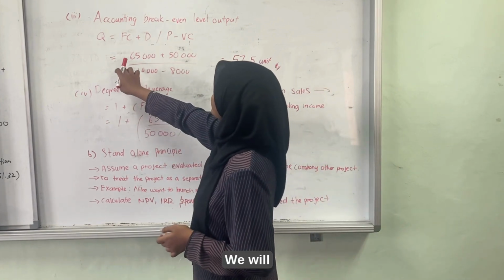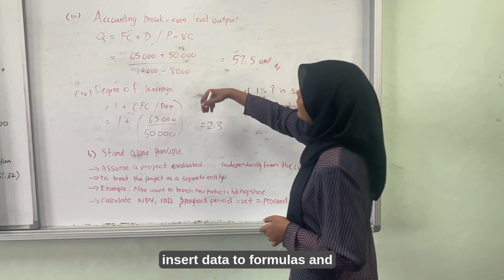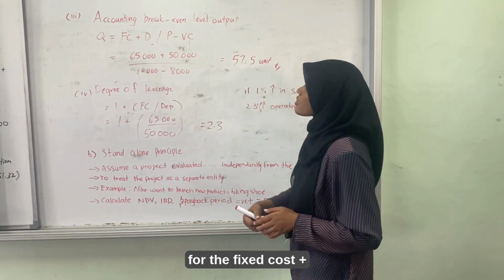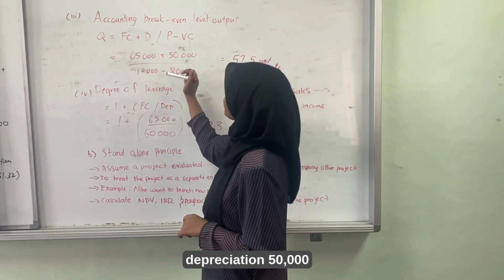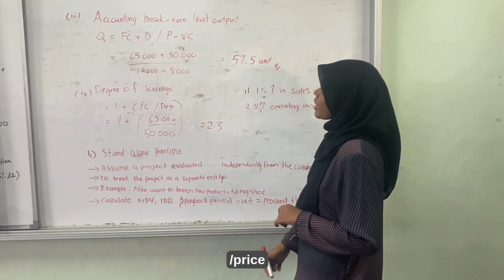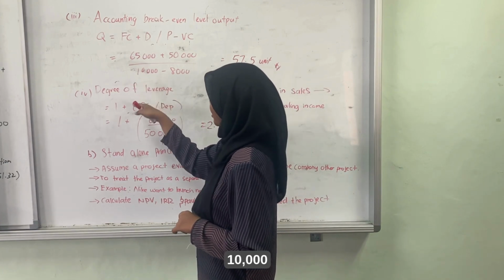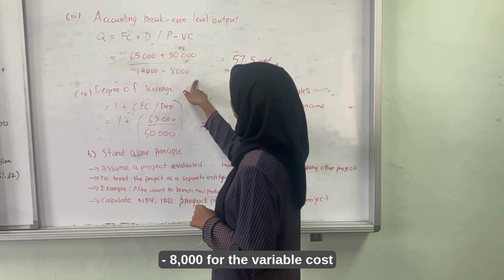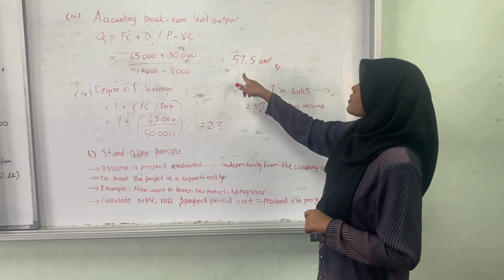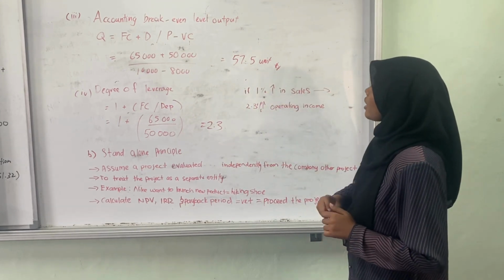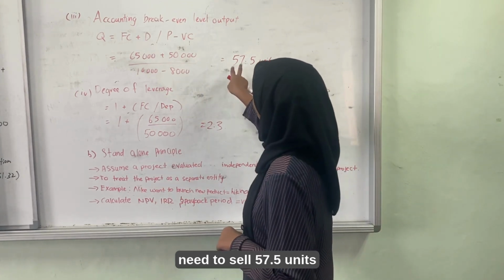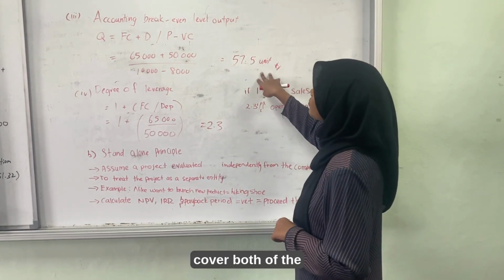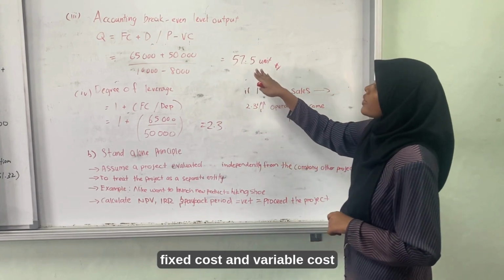Here we insert the data: 65000 for the fixed cost plus depreciation 50000, divided by the price 10000 minus 8000 for the variable cost, and we will get 57.5 units. The company has to sell 57.5 units in order to cover both the fixed cost and the variable cost.